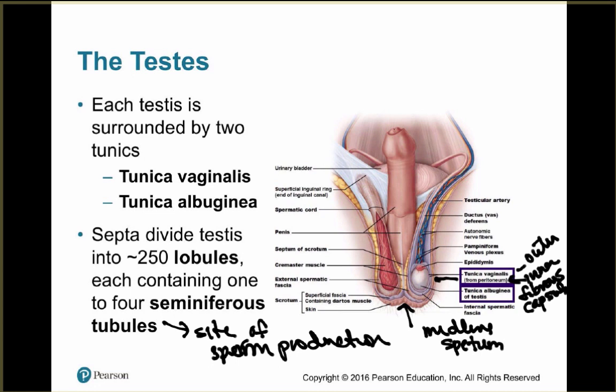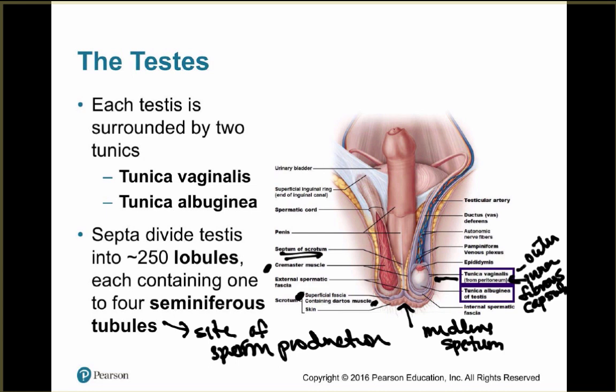You can also see here the different muscles. This shows one of those muscles, and here's the other muscle right here. That is talking about the scrotum and the skin, and that might help you when identifying what each muscle does.